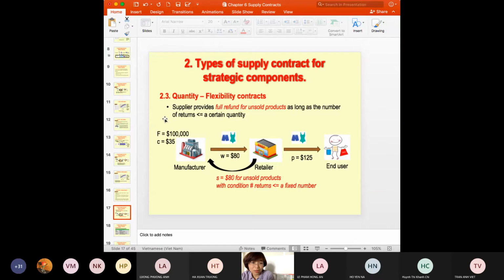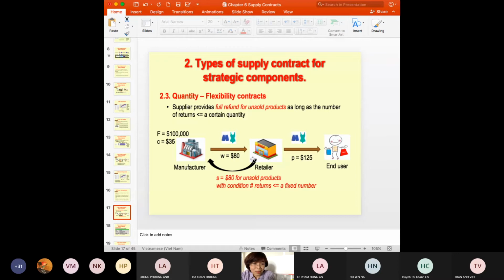Quantity flexibility means the supplier provides a full refund for unsold products as long as the number of returns is less than a certain quantity. So what does it mean? Let me give you an example here.